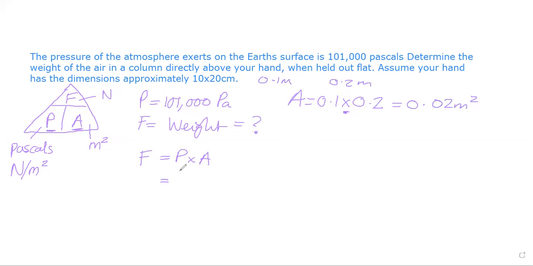We substitute the value for pascals in, so that's going to be 101,000, and we multiply it by the area, which is 0.02. We then work that out to find out what the force will be, and the force works out to be 2020 newtons. So that is our answer.